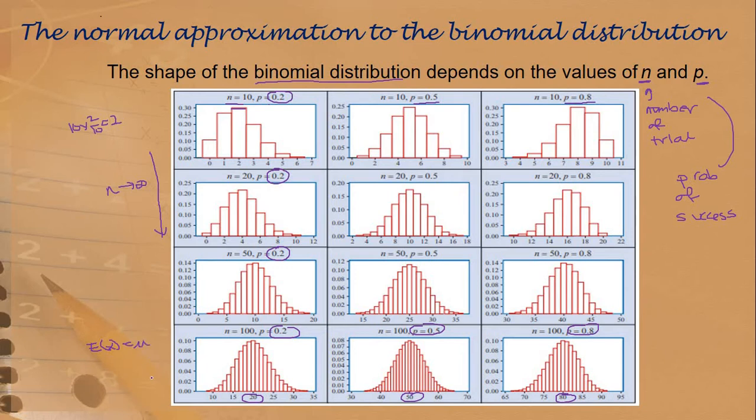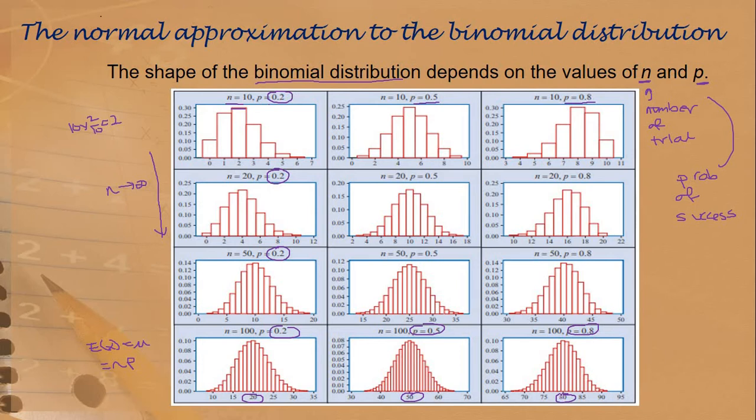When working out the mean or expected value of a binomial, we do n times p. So 100 times 0.2 gives us 20, 100 times 0.5 is 50, and 100 times 0.8 is 80. So our mean is located in a different place.